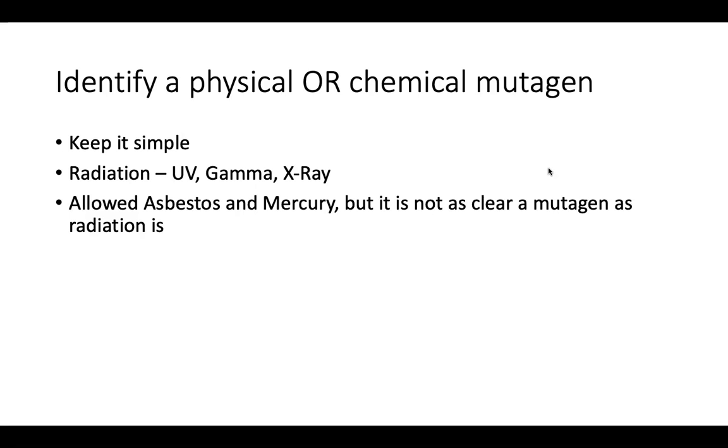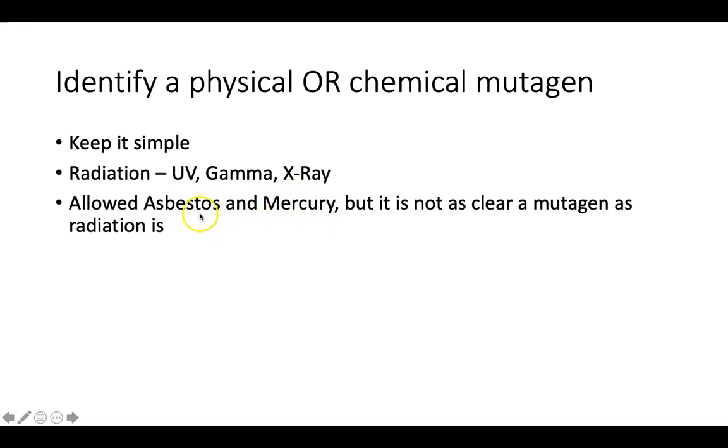I did allow answers that included asbestos and mercury and a couple other chemicals as well. These mutagens are not as clear as radiation mutagens. Asbestos seems to have some mutagenic effect in certain cells and in certain animals, likewise with mercury. Both of them are carcinogenic, which causes cancer, but they're not necessarily mutagenic.